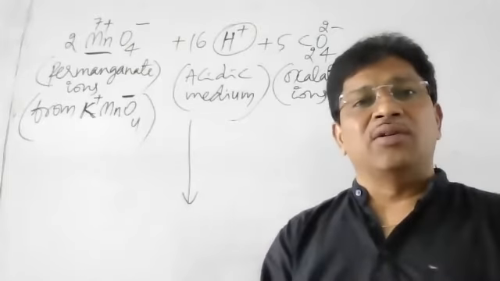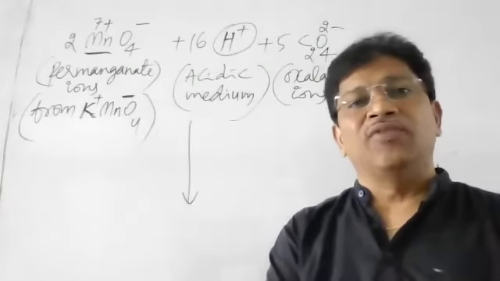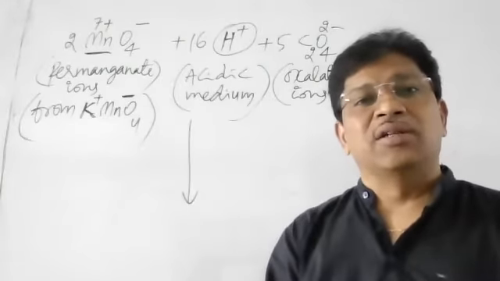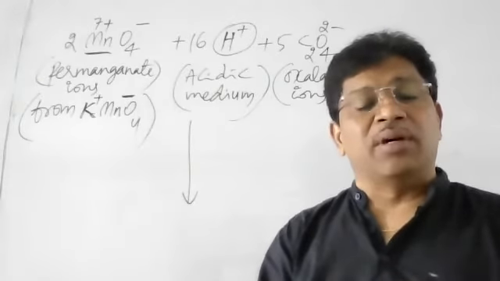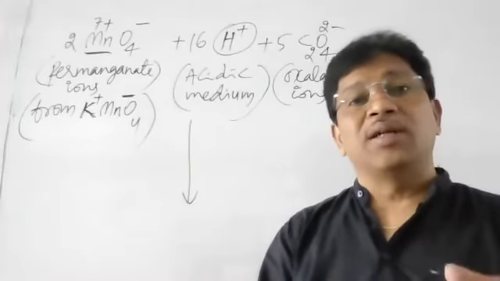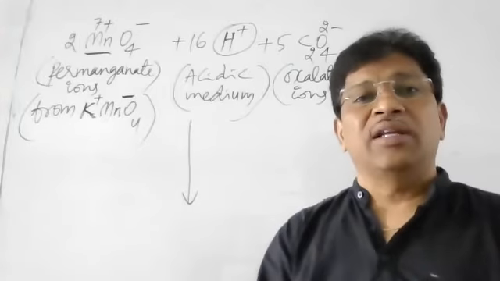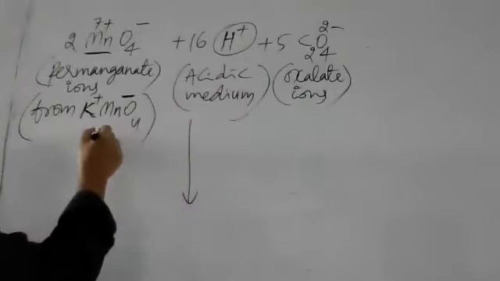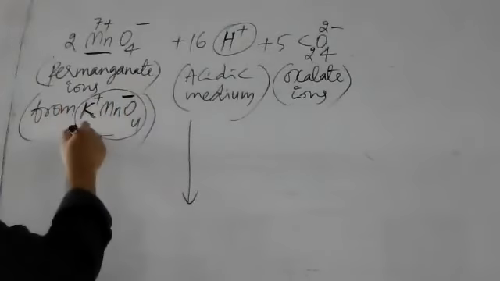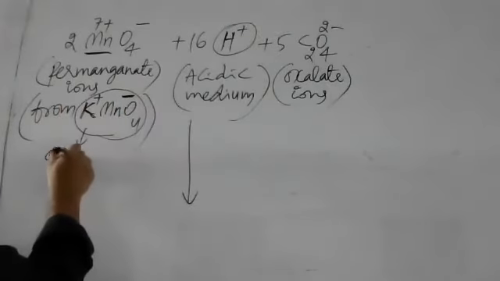If anything undergoes reduction itself, which agent will it act as? Oxidizing agent. The permanganate ion acts as an oxidizing agent, because it itself undergoes reduction. So this is the oxidizing agent.